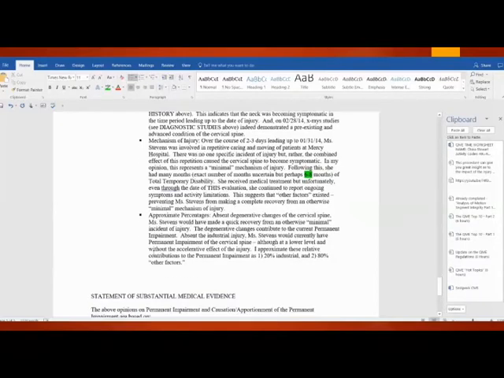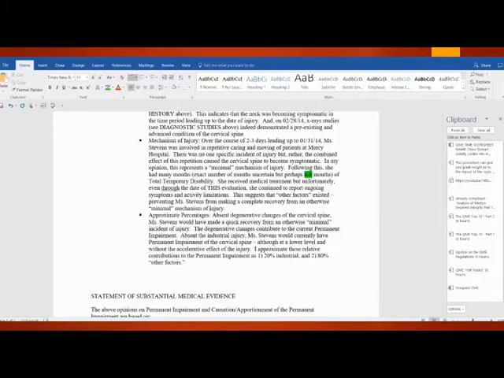So here we provide our approximate percentages. Absent degenerative changes of the cervical spine, Mrs. Stevens would have made a quick recovery from an otherwise minimal incident of injury. The degenerative changes contribute to the current permanent impairment.